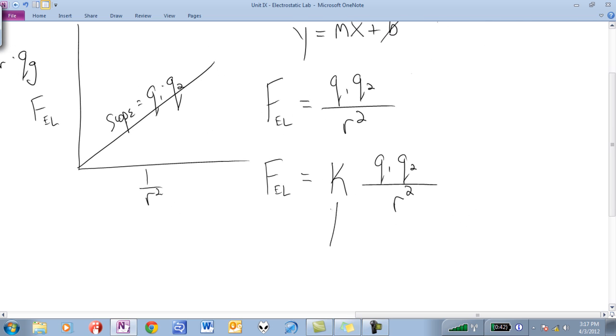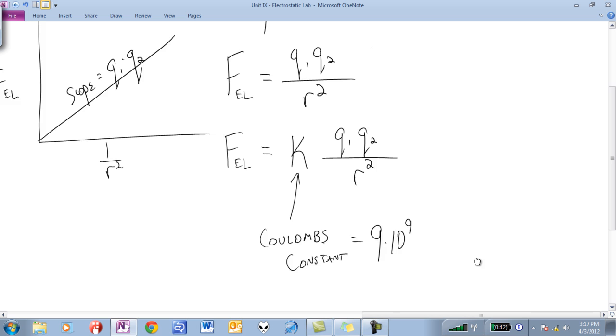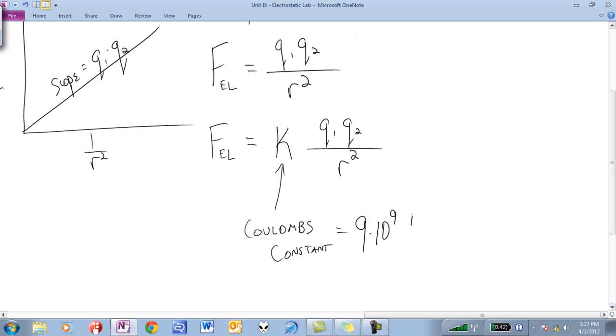So in this case, k is Coulomb's constant, which is equal to 9 times 10 to the 9th. And the units on here, to make sure everything works out really nicely, are Newton meter squared over what they call C squared.